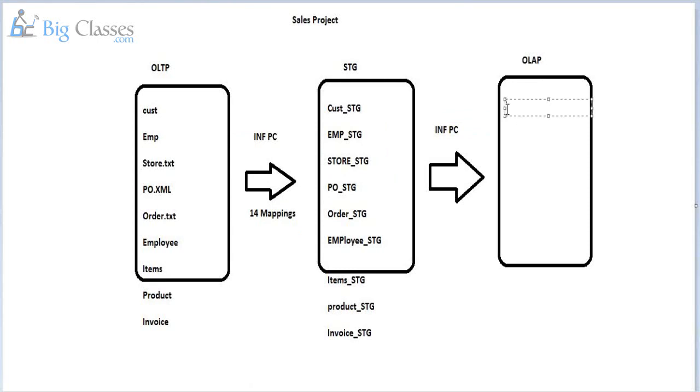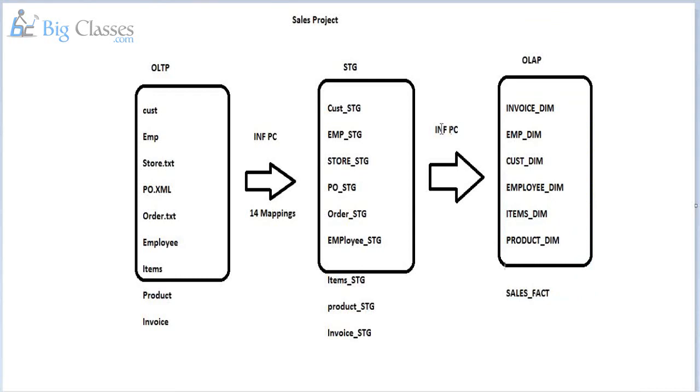Within the OLAP region, we have multiple dimension tables, like invoice dimension, employee dimension, customer dimension, items dimension, and product dimension, and we'll load the data into the sales fact table.